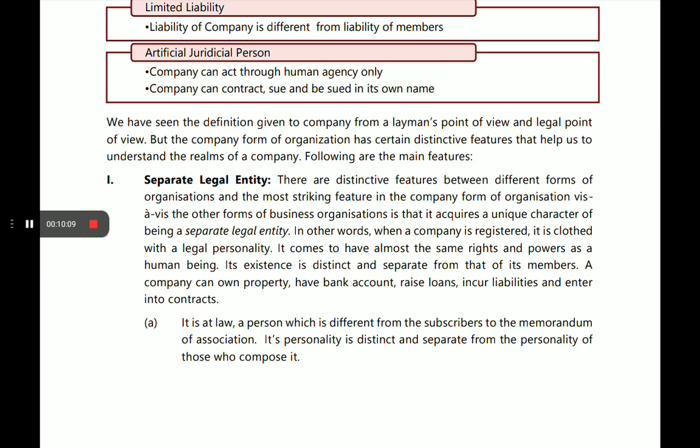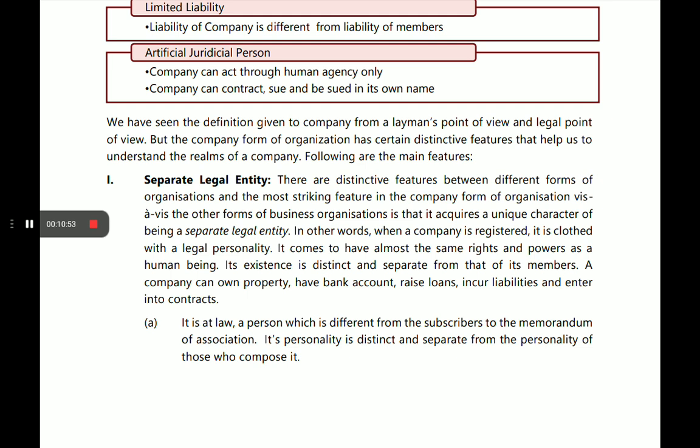Separate legal entity. There are distinctive features between different forms of organizations, and the most striking feature of the company form of organization vis-a-vis other forms of business organizations is that it acquires a unique character of being a separate legal entity. In other words, when a company is registered, it is clothed with a legal personality.